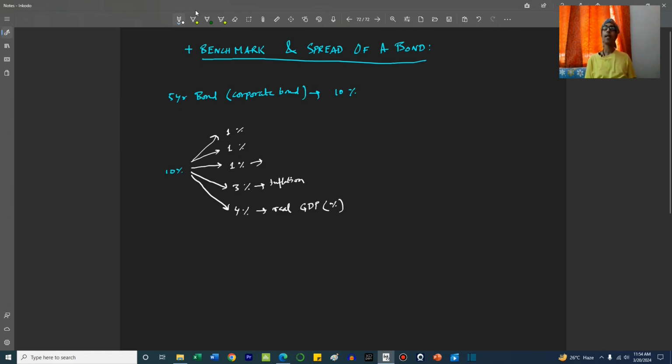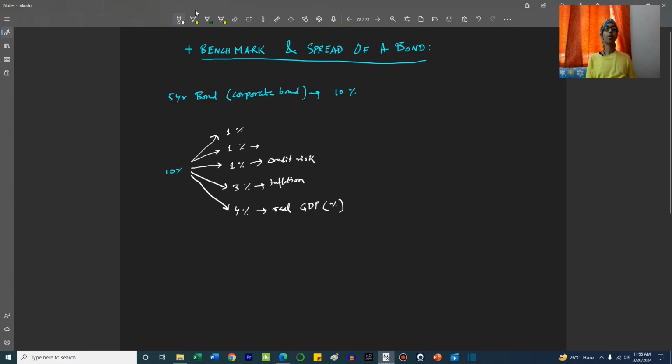Now there comes credit risk. The individual business must be riskier than the country itself, the sovereign government itself. So that credit risk we add 1% because of that. Now this corporate is a profitable business, so it is taxed in some way. Compared to a government bond, the taxation on this might be higher.